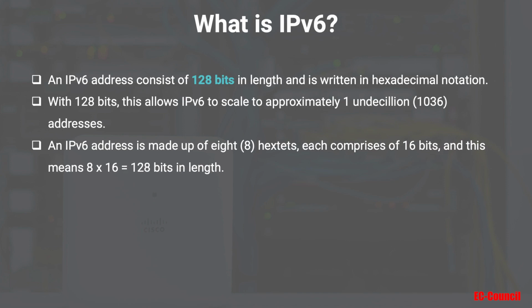An IPv6 address is made up of 8 hextets. Each hextet is comprised of 16 bits. Therefore, this means 8 hextets multiplied by 16 bits per hextet will give you the total 128 bits in length for a single IPv6 address.